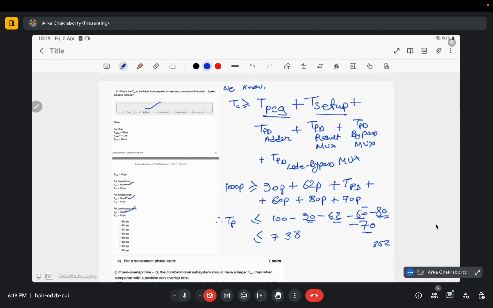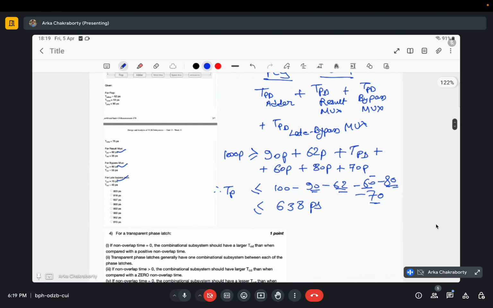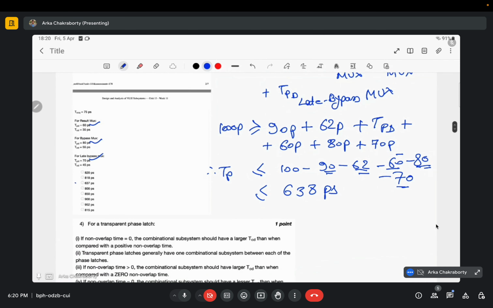So 638. So anything less than 638 picoseconds would give us the result. So what is less than 638 picoseconds here? 637 picoseconds. So this is the answer.